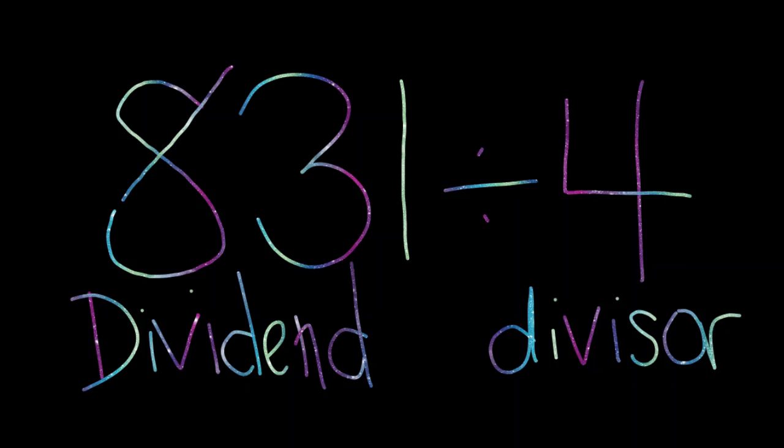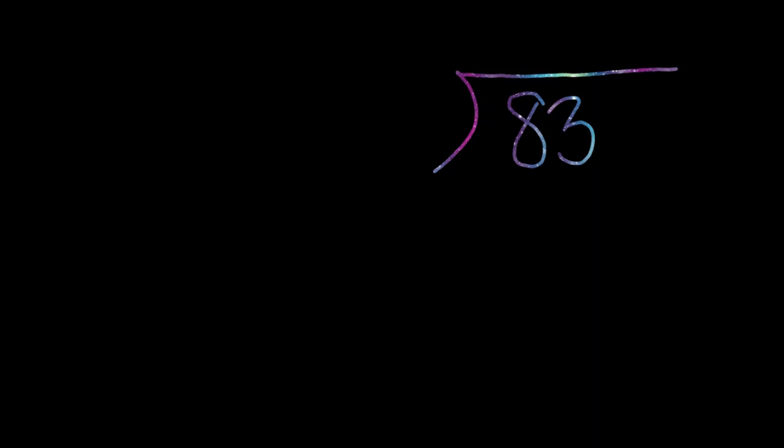Okay, so when we talk about long division, we are going to set it up a little different than we do our other operations. For long division, you are going to draw a little swoop and a line. Your dividend or your total is going to go in the middle.